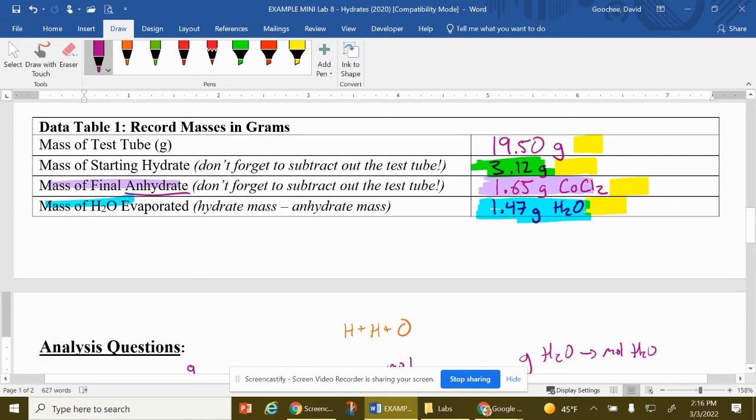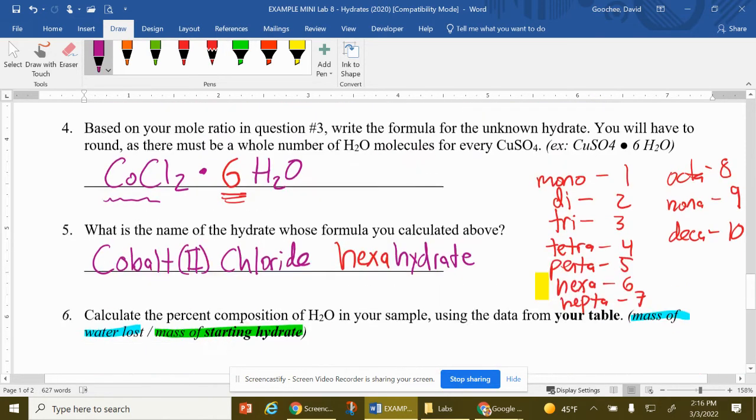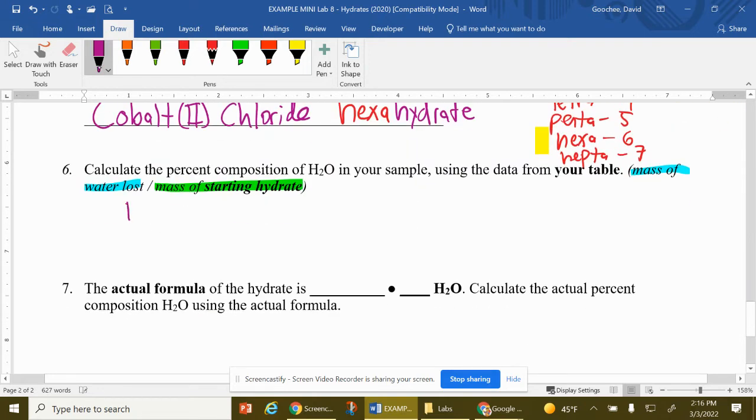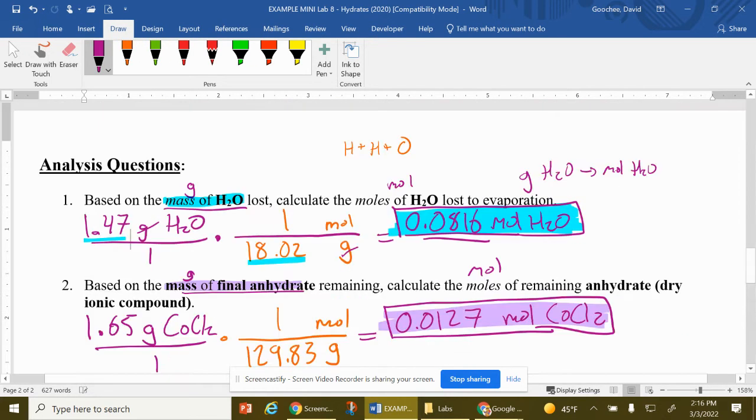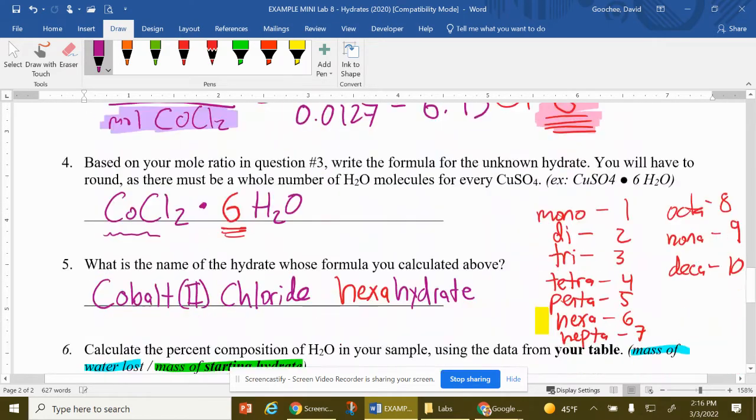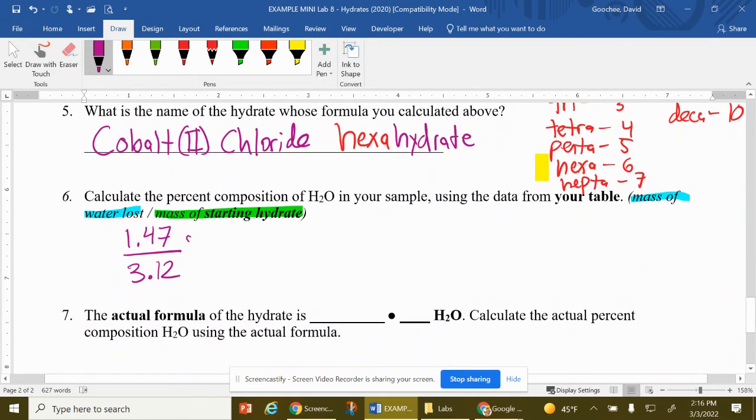So what was the percentage of water in our compound? It was 1.47 divided by 3.12. Let me double check that. Yeah, that's right. So again, this is the grams of H2O, and this is the grams total.